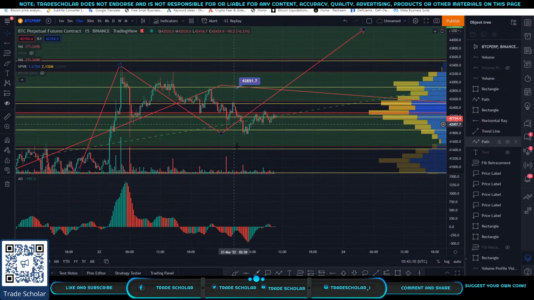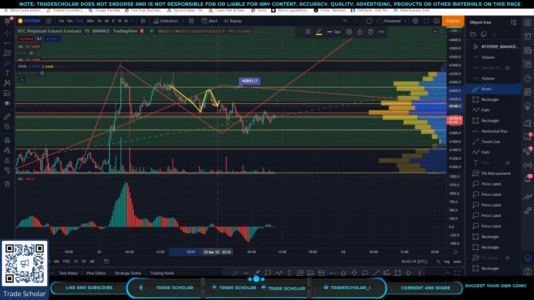This is the base. Drop, base, drop, base, drop, base, drop, find support, demand. We're gonna find support and then retest here. If we get rejected, we're gonna bounce again here and then continue.